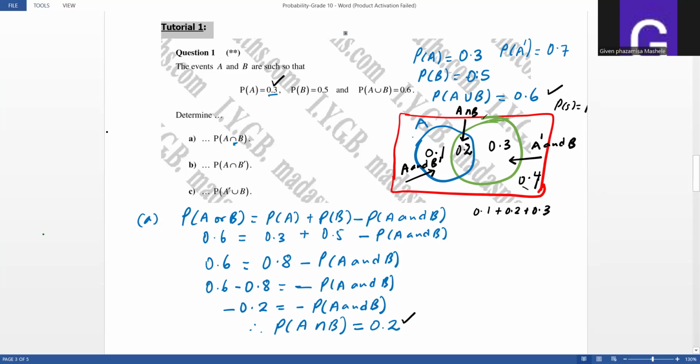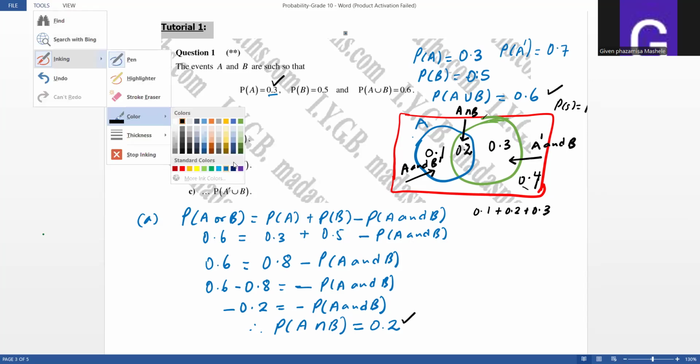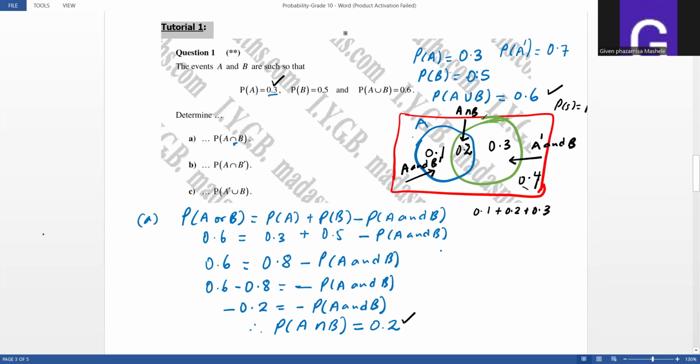Because we are calculating probability, what would be the probability of A and not B? So we want now to calculate the probability of A and not B. Remember, if I write "and" or I use this symbol, it's the same thing.